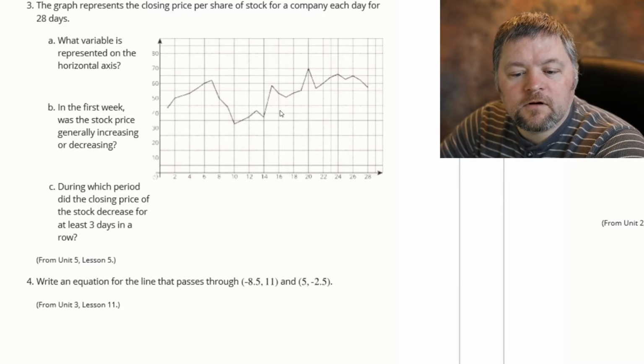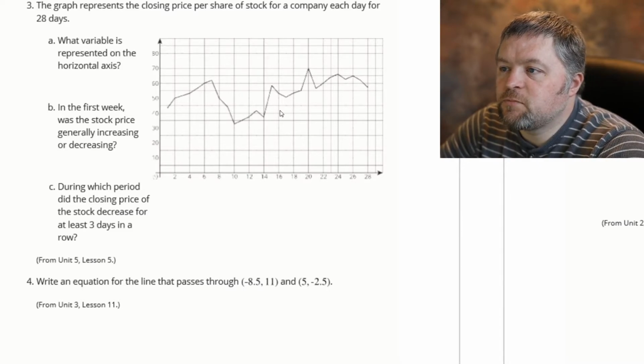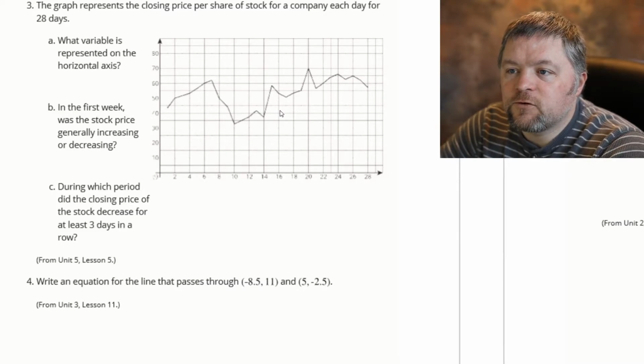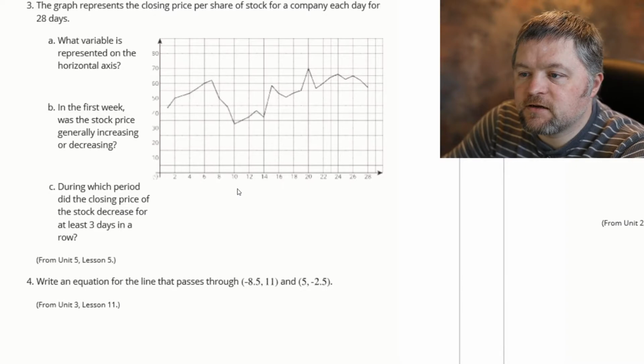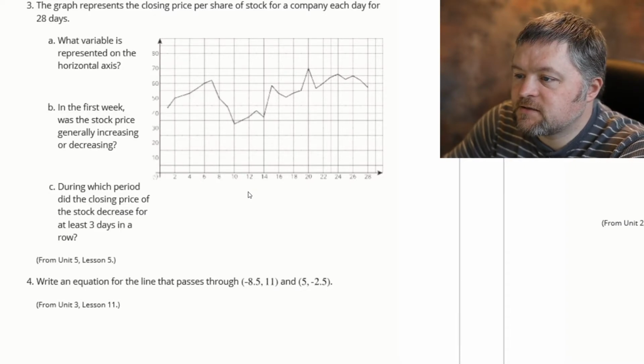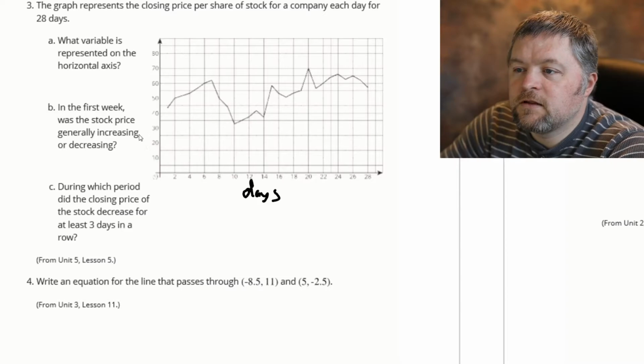Okay, our next problem. The graph represents the closing price per share of stock for a company each day of 28 days. What variable is represented on the horizontal axis? Days.